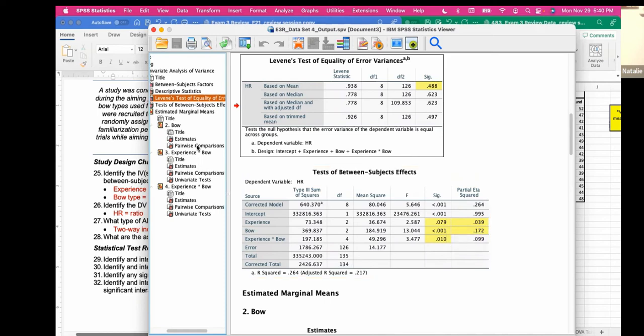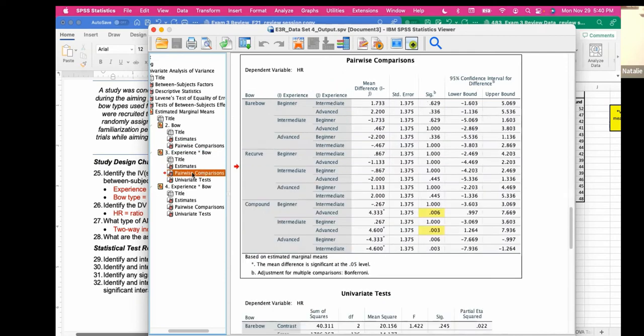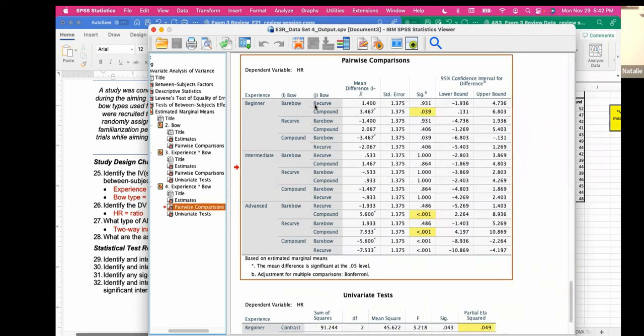But similar to our previous examples, you would then go into your pairwise comparisons, note which pairs are different from each other for both bow type, as well as looking at differences between experience levels within each bow type and differences between bow types within each experience level.